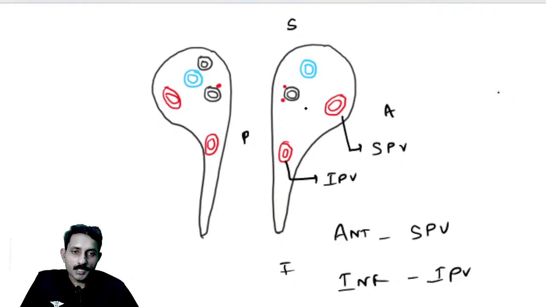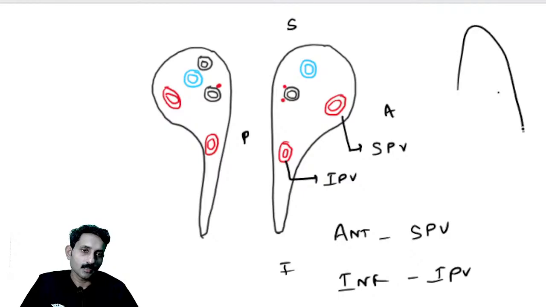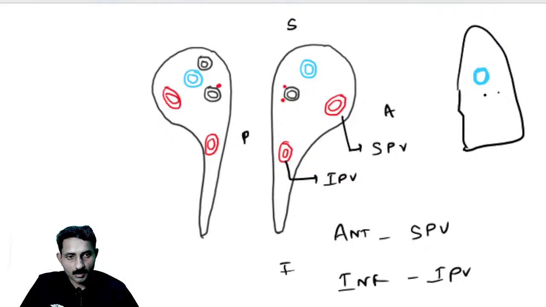Now here the bronchus will not divide into eparterial and hypoarterial bronchus. We got only one pulmonary artery. In the left lung, how many pulmonary arteries do we have? Only one pulmonary artery is there. The bronchus will not go above this artery. The bronchus will go below only.